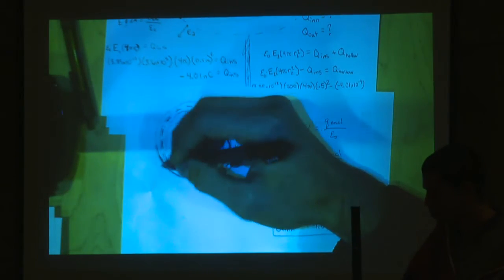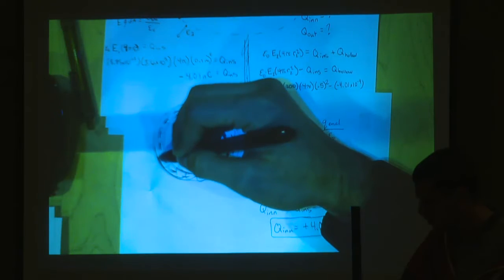But the reason they cancel, even though the outer one will have larger charge than the inner one, is because the outer one has a larger surface area to cover. So it'll have the same density of charge, but different total charge. Does that make sense?